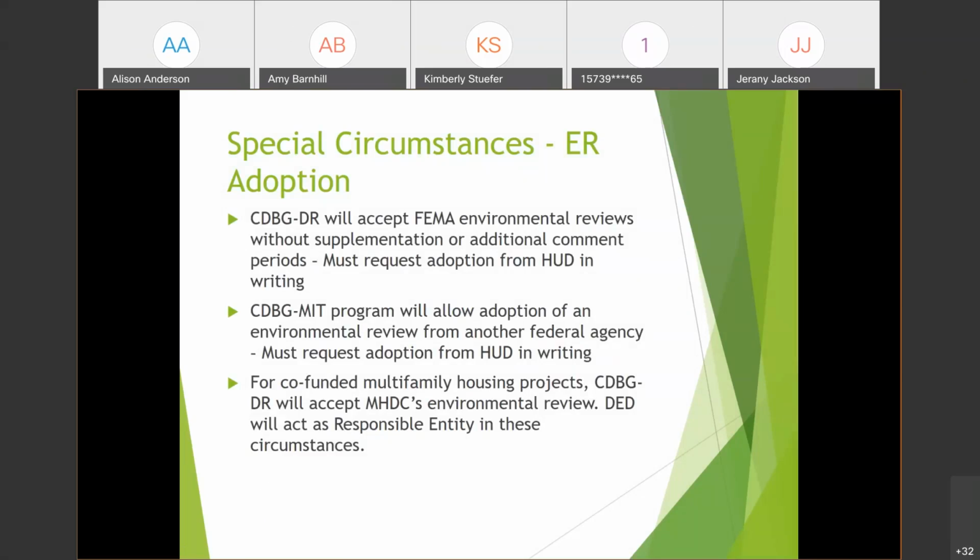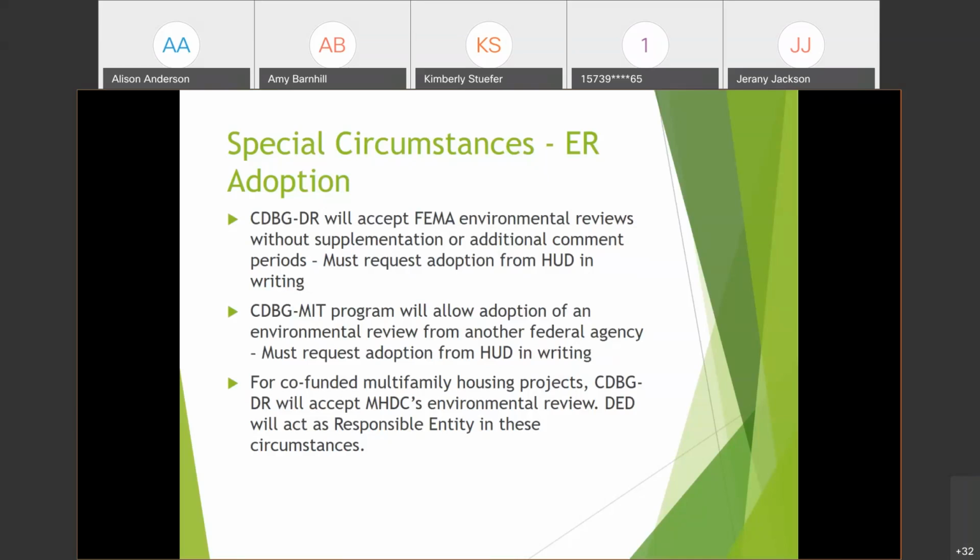So the CDBG-DR program will accept FEMA environmental reviews without anything else being required or additional comment periods. But there must be a request in writing from HUD. Similarly, the CDBG mitigation program will allow adoption of an environmental review from any federal agency, but there must also be a request in writing from HUD.